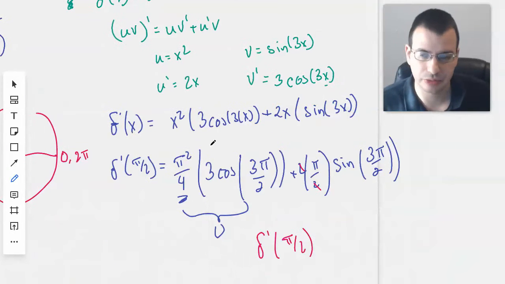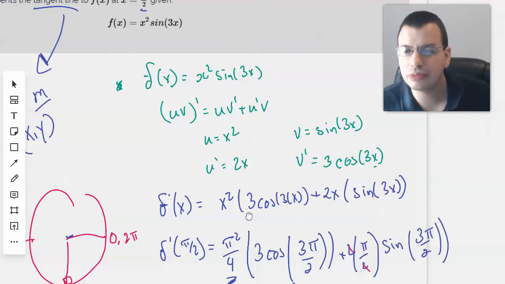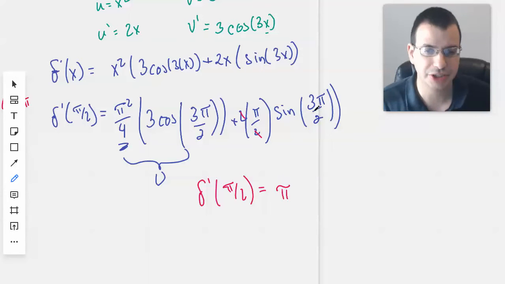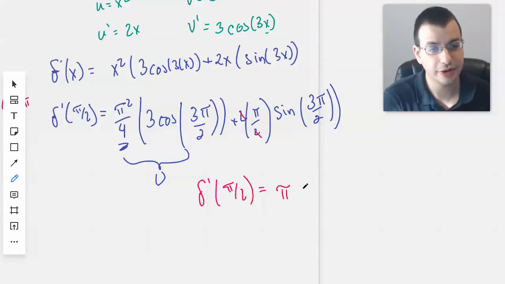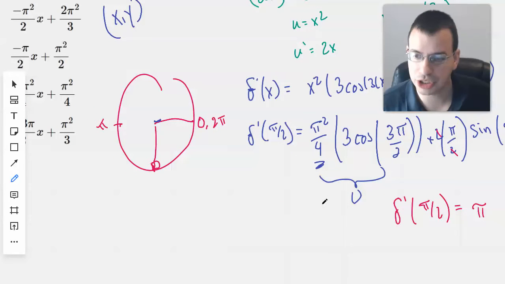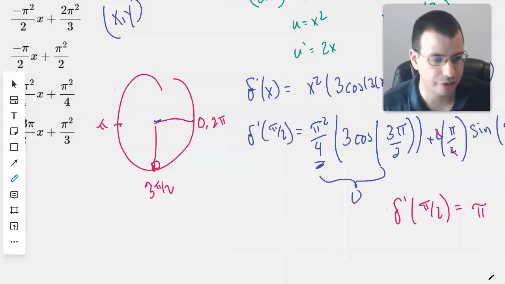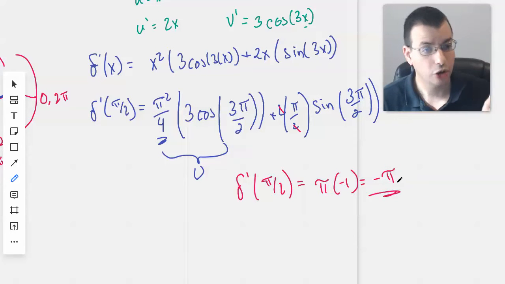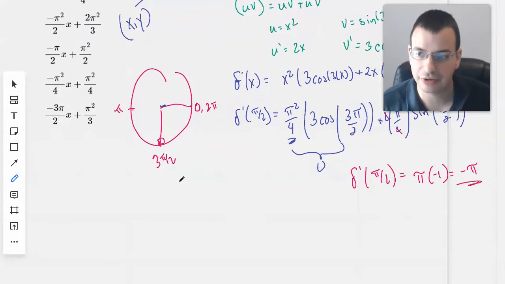Yep, pi over 2. Equals, so we're left with pi times the sine of 3 pi over 2. Sine of 3 pi over 2, which is right here, that'll be negative 1. So we'll say this is negative pi. And that is our slope at x equals pi over 2.